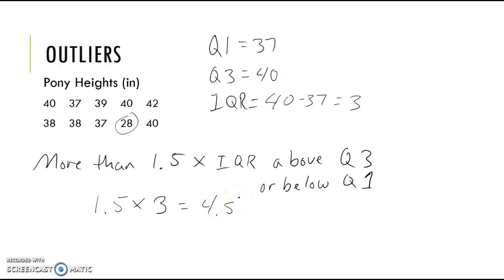And I am looking back again at, I'm wondering about this 28. So if 28 is more than 4.5 below 37, then yes, it is an outlier. So 37 minus 4.5 is greater than 28. Therefore, 28 is officially, statistically, an outlier.